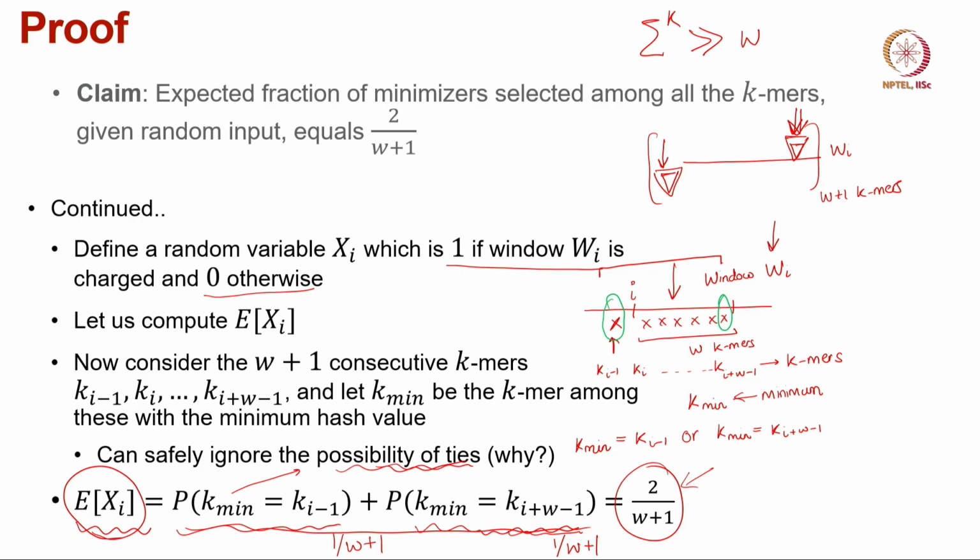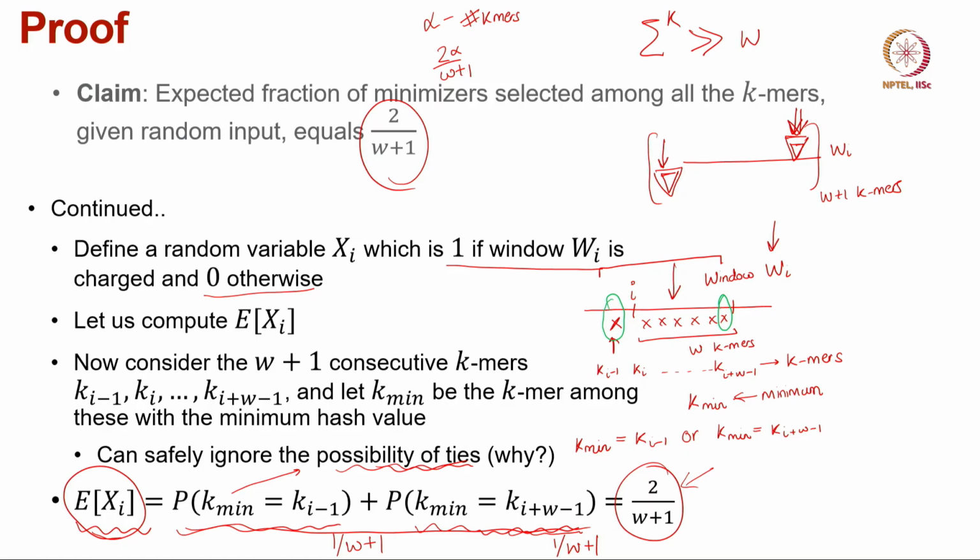So, this completes the proof, and here we have managed to prove that the expected fraction of minimizers that will be selected from all the k-mers in a random input sequence is 2 by w plus 1. In other words, if your entire sequence has, let us say, alpha k-mers, then with the minimizer technique the number of sampled k-mers will be 2 alpha divided by w plus 1.